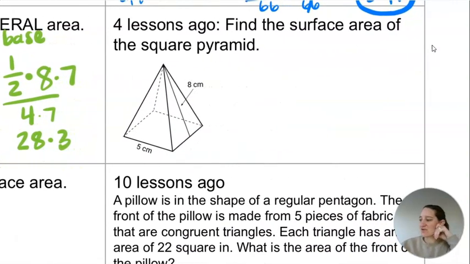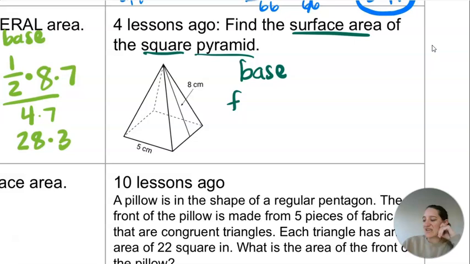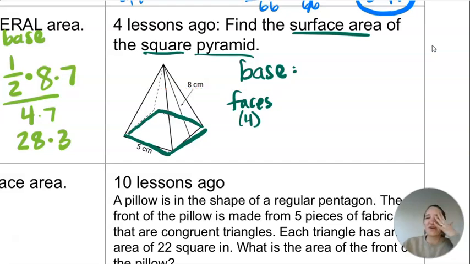4 lessons ago, we were still looking at pyramids. This is a square pyramid, and it says the surface area. So I need to find the base and the faces. And because it's a square pyramid, there's going to be 4 faces, aren't there? All right, the base, because it's a square pyramid, I know the base will be a square. Or I know the base will have all the same sides.